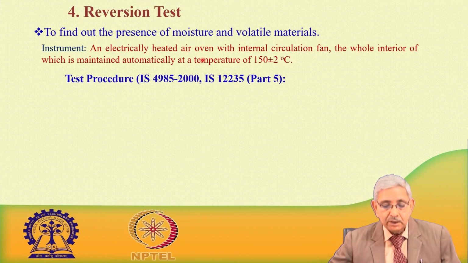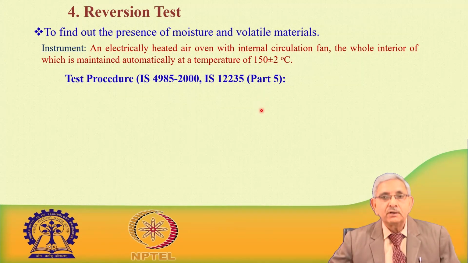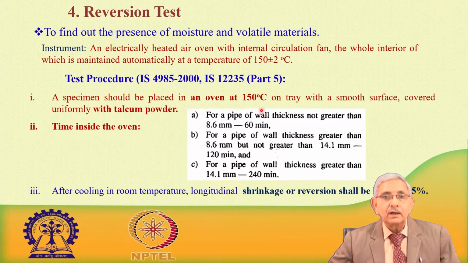Here the test procedure to find out how much moisture is present, and what the volatility of the material is, is given in this particular IES code 4985. These are the two codes which have been stated.